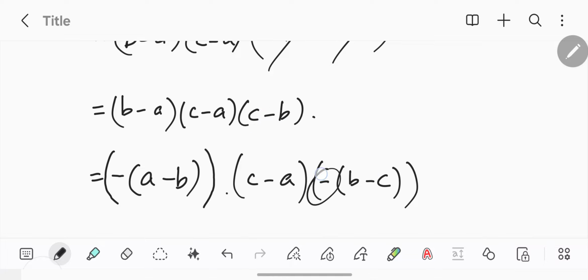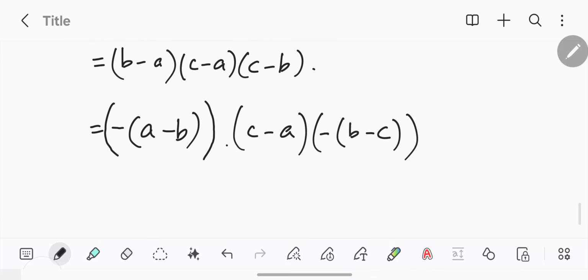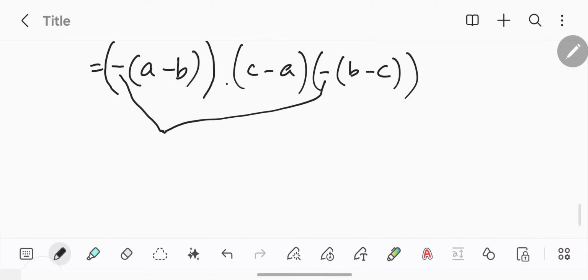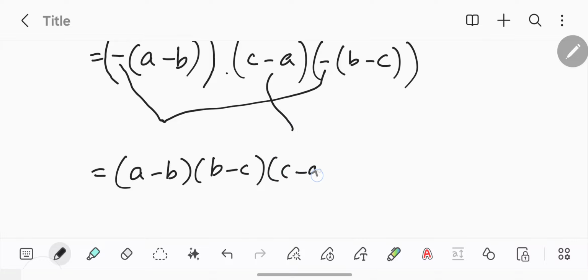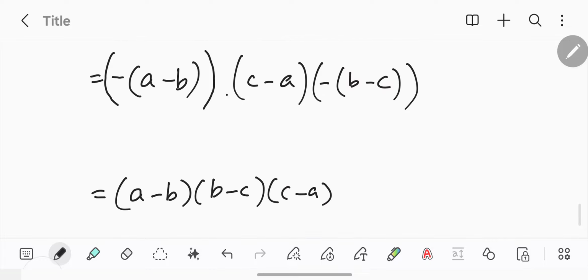So therefore minus is common. It became minus and it became plus. Okay, we have taken two minus signs common, this minus and this minus. Both of the minus signs will cancel each other, so I will be left with a minus b times b minus c times c minus a. Okay, so this is the result. This result is also okay. If you want to write it nicely, this result is nice.